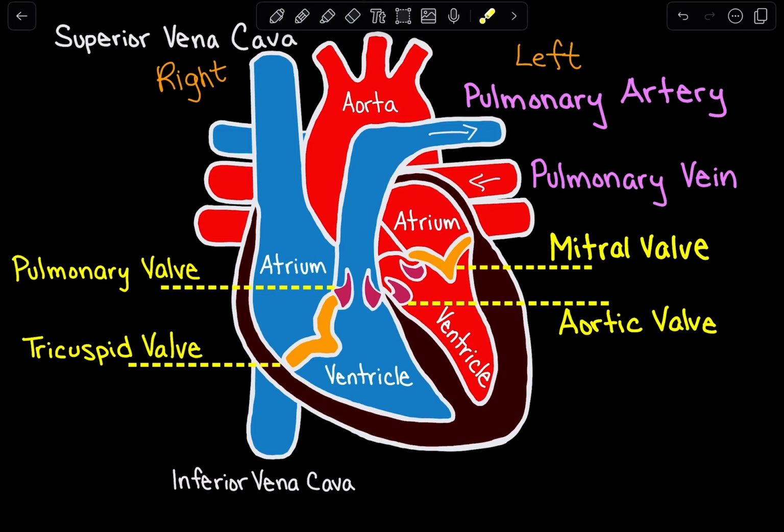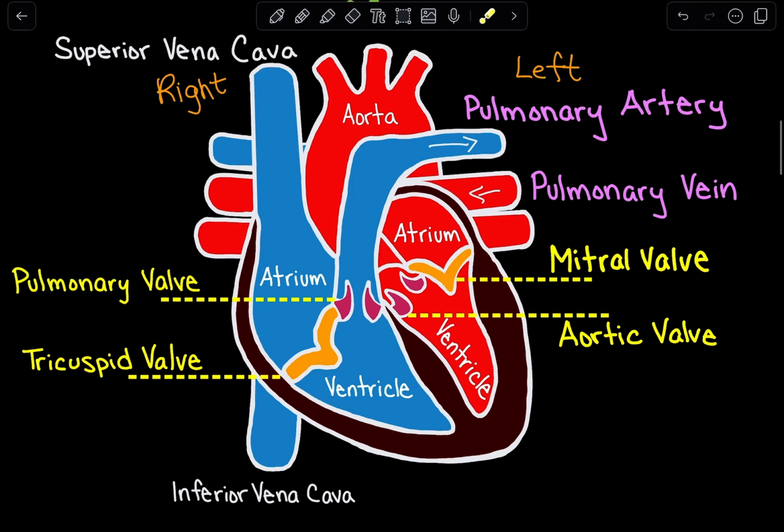Now, once we are in the pulmonary artery, it is going to take that deoxygenated blood to the lungs, and that blood is going to be reoxygenated at the lungs. Once that blood is oxygenated, it's going to come back to the heart through the pulmonary vein. Remember also that we have a right lung and a left lung.